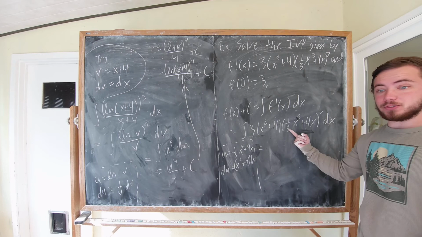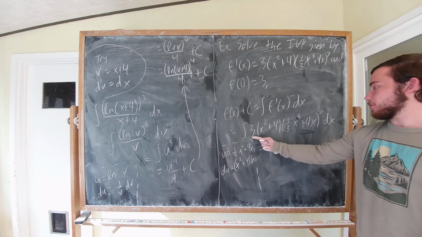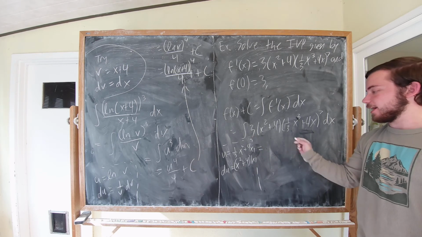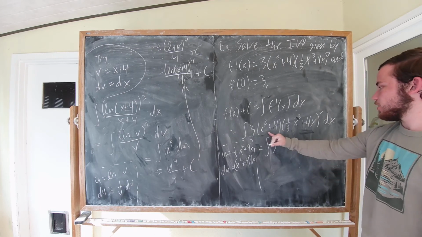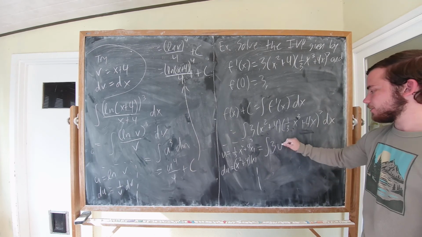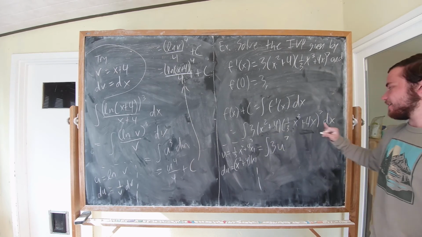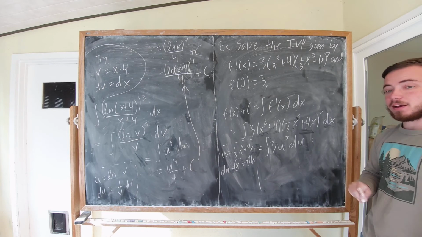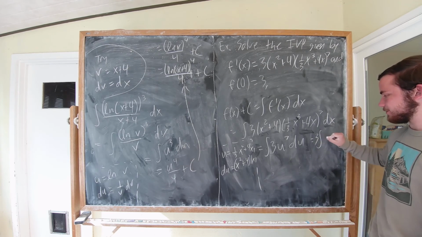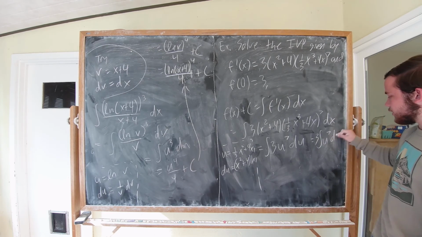Cool, so it does work exactly like we wanted. Let's just plug those into our integral. We have an extra 3 times here, but that's okay. That doesn't change our problem at all. That's just going to be 3 times. Okay, we have u to the 7th, and then this chunk and this chunk make a du. The scalar multiple rule says that's 3 times the integral of u to the 7th du.